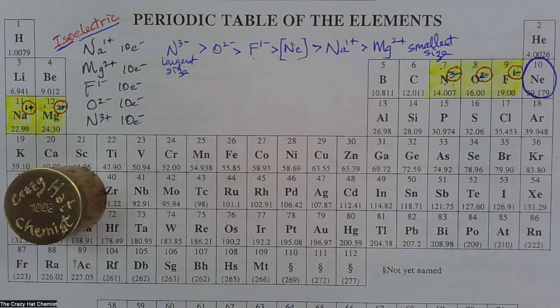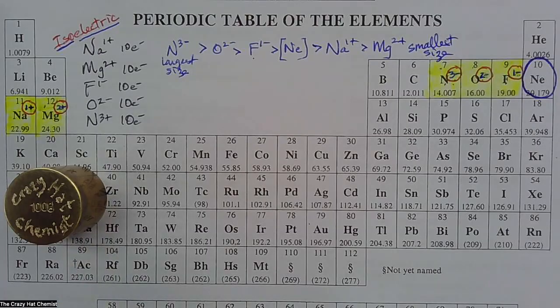So that was part B. The next part, which is part C, is decreasing ionization energy. Now I don't know if you remember this from watching my lecture video series, but here is what's happening.